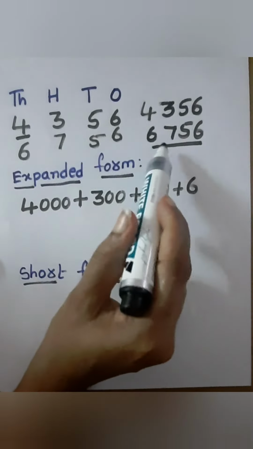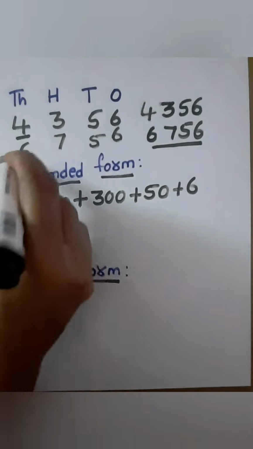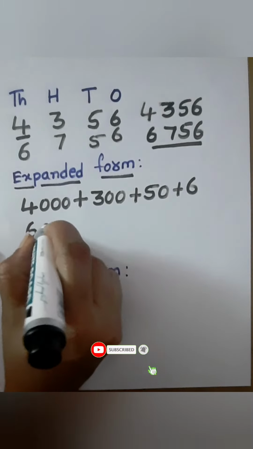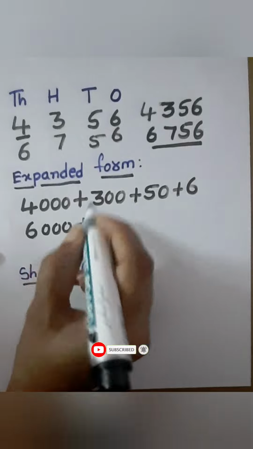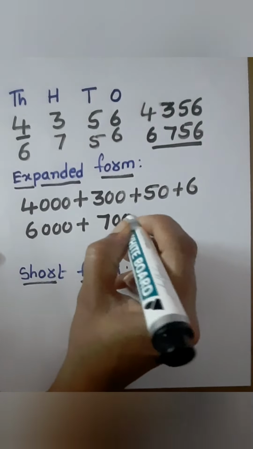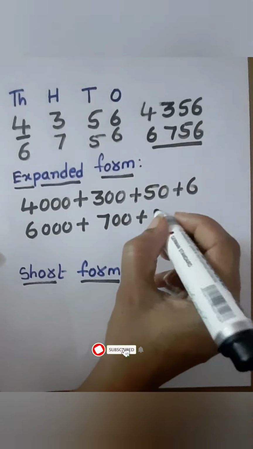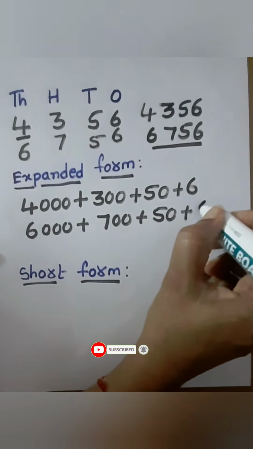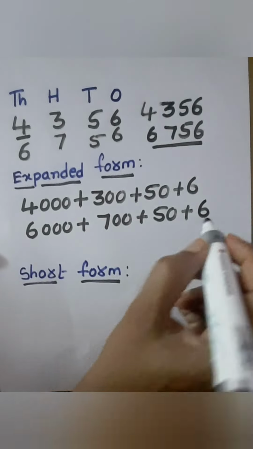How can we expand this number? First, we will take 6. 6 is in the thousands place, that means 6 into 1000, 6000. 7 is in the hundreds place, that means 7 into 100, 700. 5 is in the tens place, that means 5 into 10, 50. And 6 is in the ones place, that means 6.